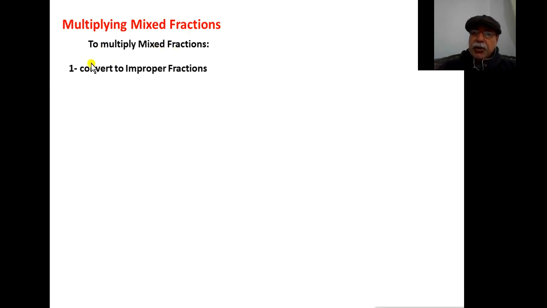Now we get to another topic, and this is multiplying fractions as mixed fractions. To multiply mixed fractions we convert them to improper fractions. First we convert the mixed fraction to an improper fraction.